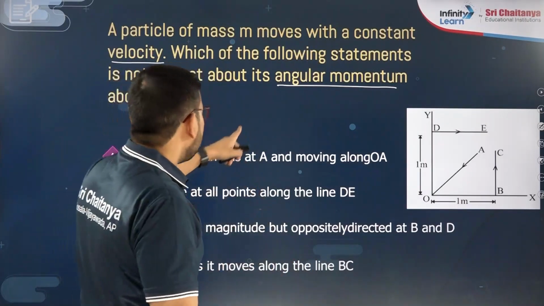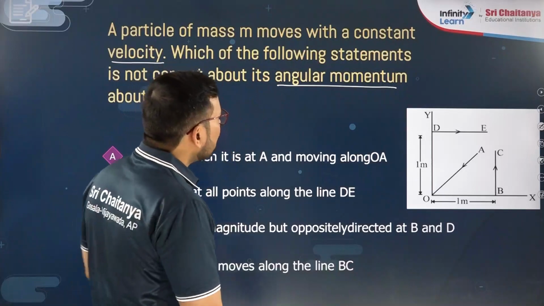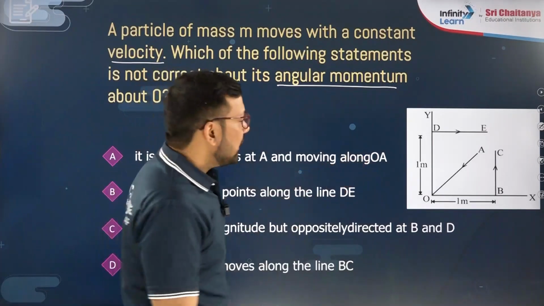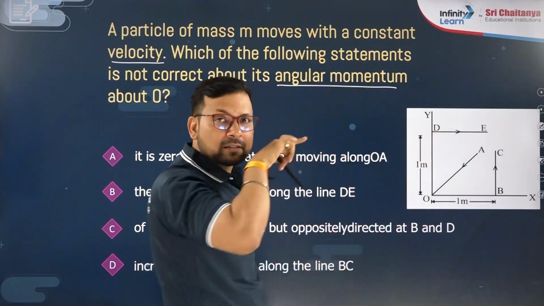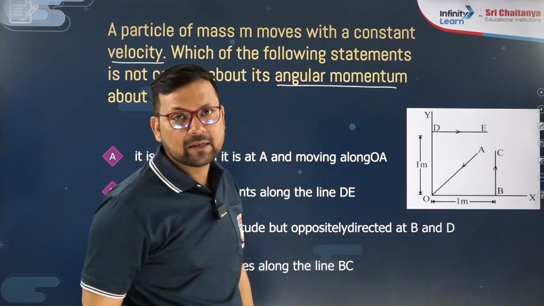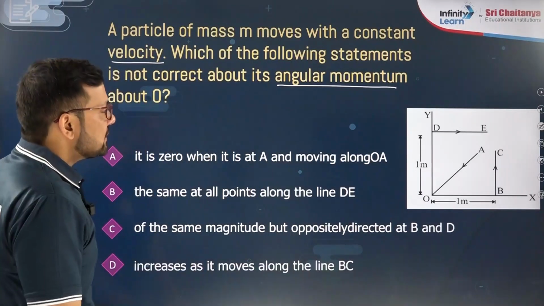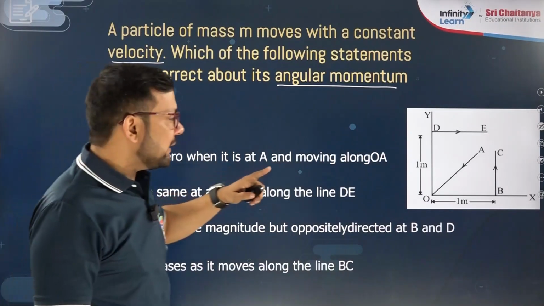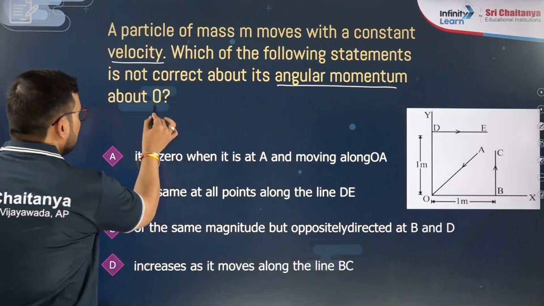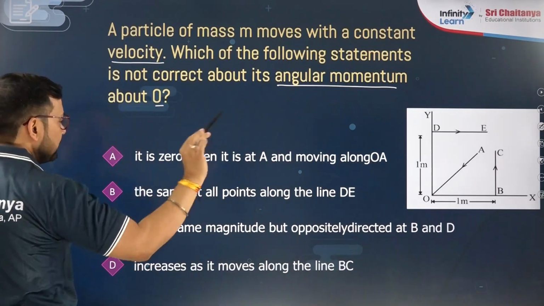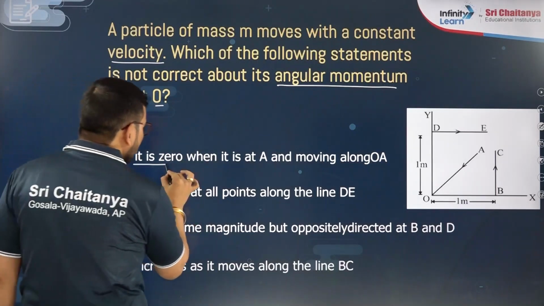In this question, angular momentum is there, but when I look at the diagram, it is linear translatory motion, velocity is like this. So I will keep in my mind that I will go with MVR, not I omega.